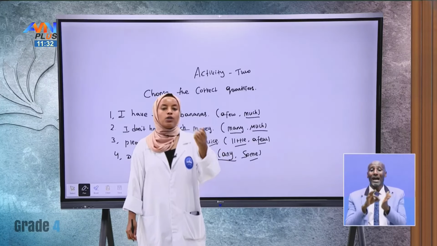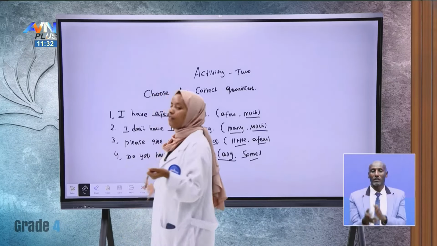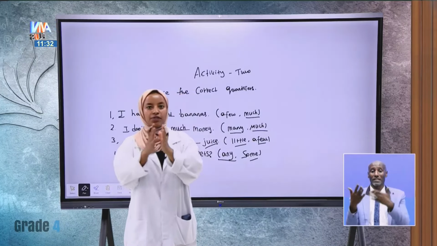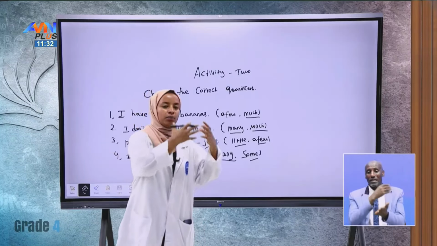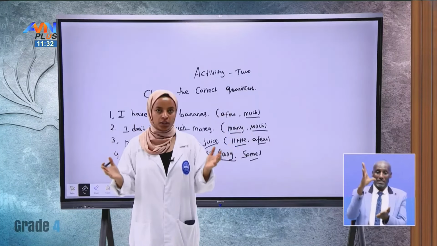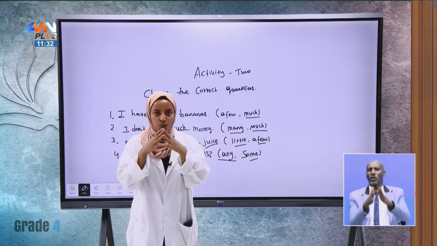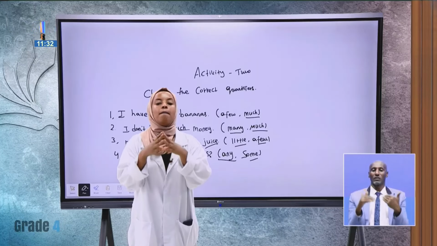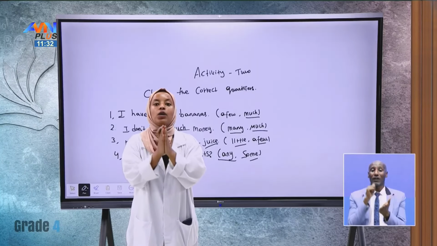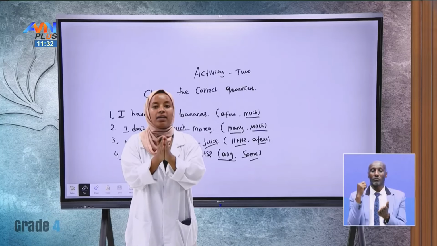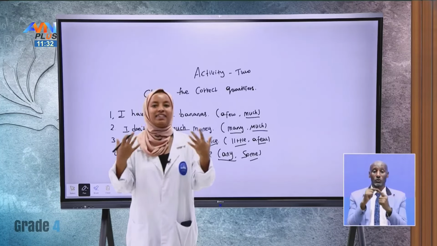These are examples of uncountable nouns. When we come to quantifiers, we can differentiate countable and uncountable, and small and large amounts. We can use much with uncountable nouns. We can use many with countable nouns.